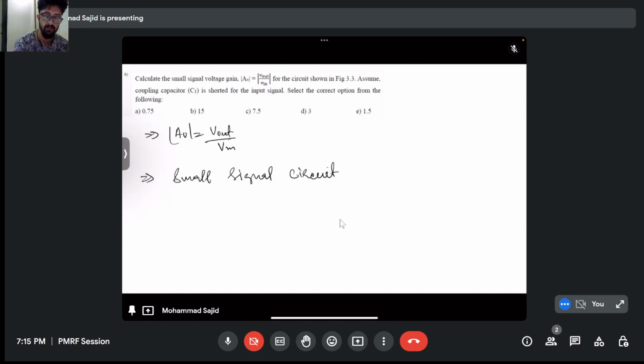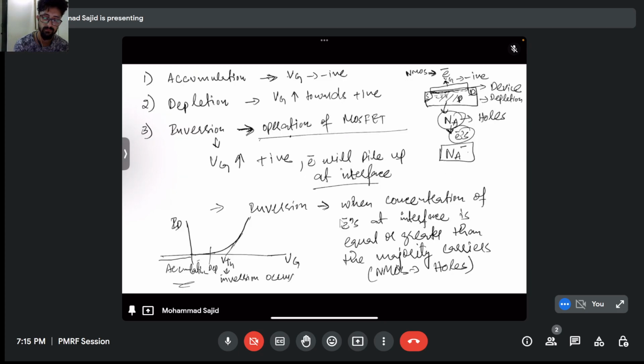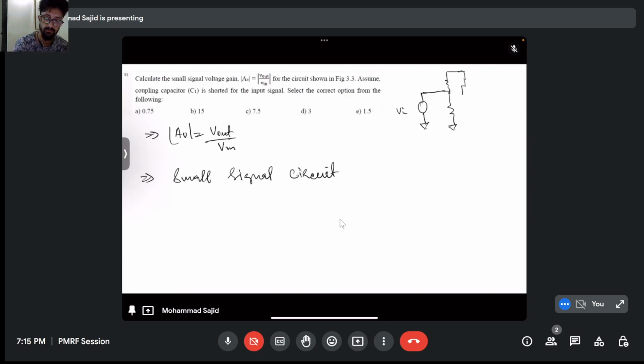Alright, let me first draw the main circuit here without DC supplies. 20K, 20K. Okay, this is grounded for small signal analysis, right?